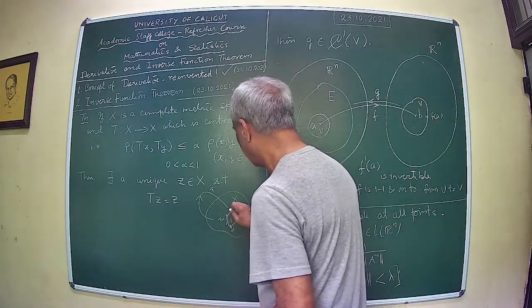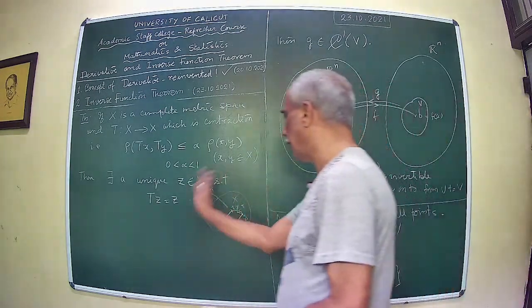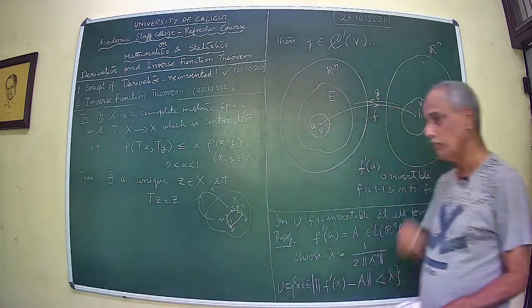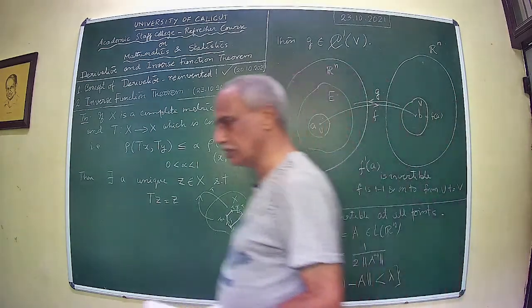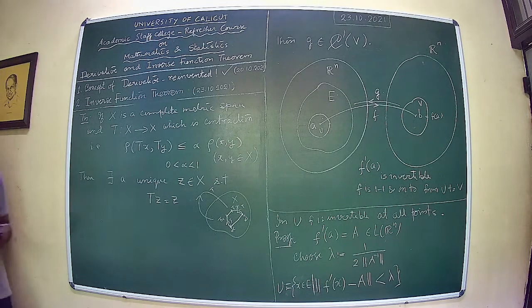That's what you mean by contraction. And then this map on the whole of X has the property that there is exactly one point which has not changed its position.